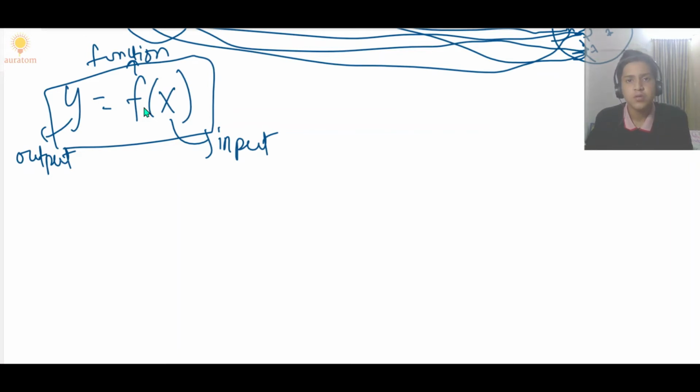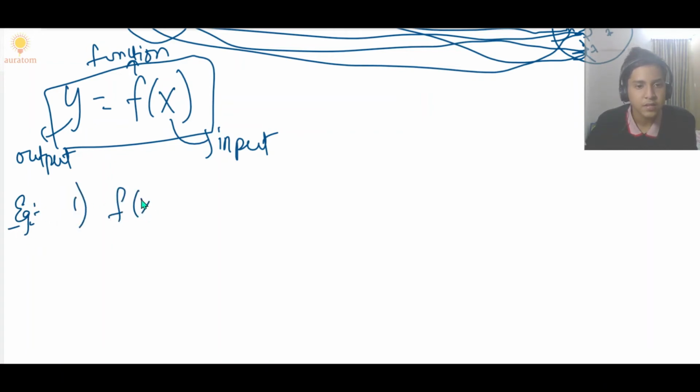Now let's go through a few examples of functions. Let's say the first one is f of x equals 2x minus 3. Now this is a function because here we can substitute any number instead of x, and if we substitute any number we'll get an output, right? So let's substitute 3 in here.